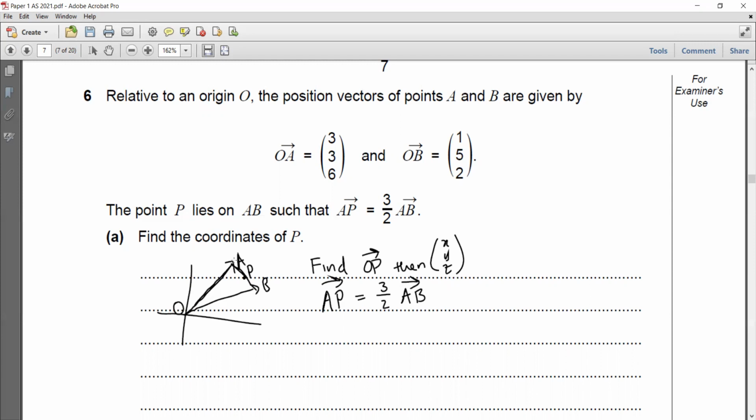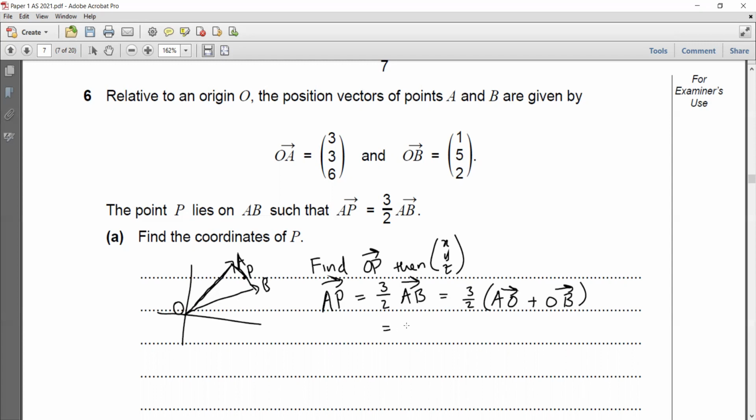So I can go from A to O, and then from O to B, that's the same as going from A to B. So this is 3/2, and then I go from A to O, and then from O to B. From A to O is the opposite of O to A, so I can say negative OA.